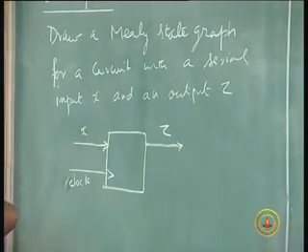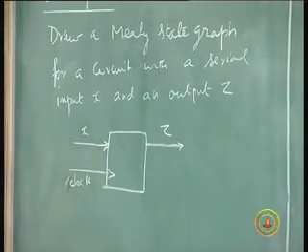So it will be a series of ones and zeros. And then we want an output z, also a series of ones and zeros, and the relationship between x and z will be the following.